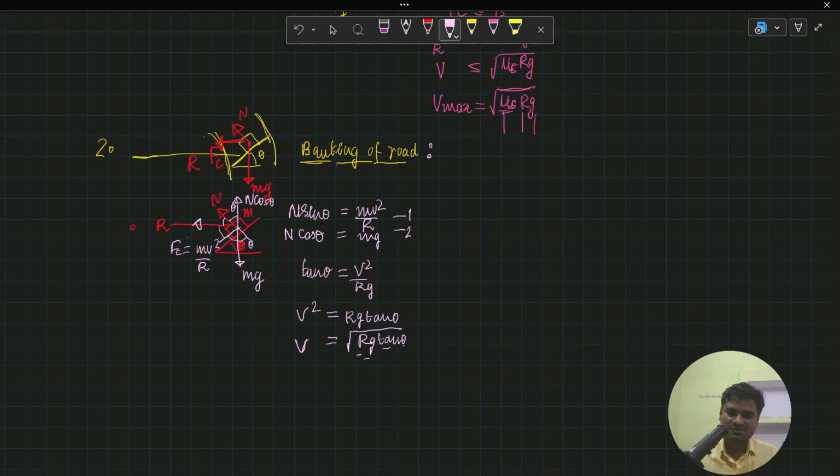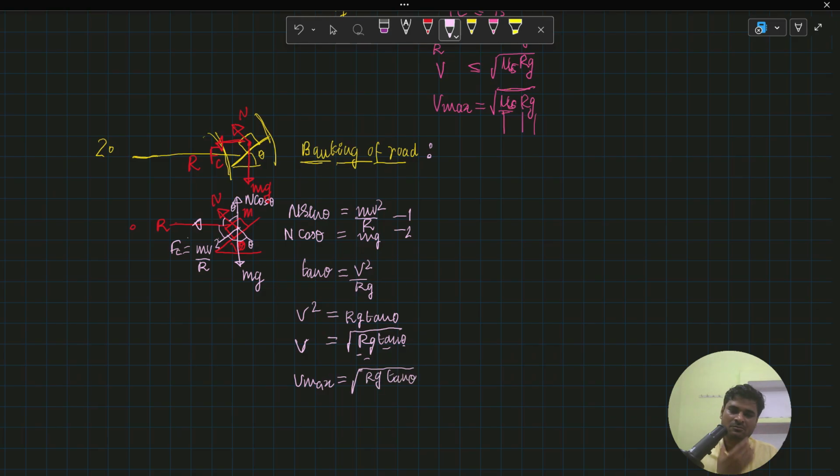You cannot change the slope of the road all the time as per your need. So the maximum velocity allowed even with the bank becomes fixed. This is the maximum velocity you can get for any vehicle on a banked road.